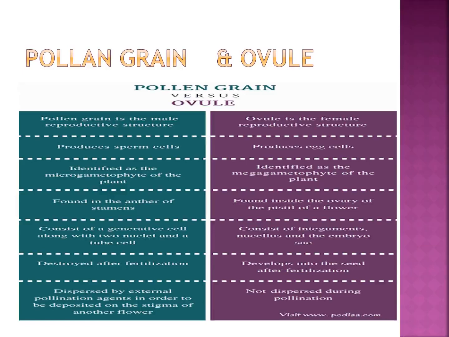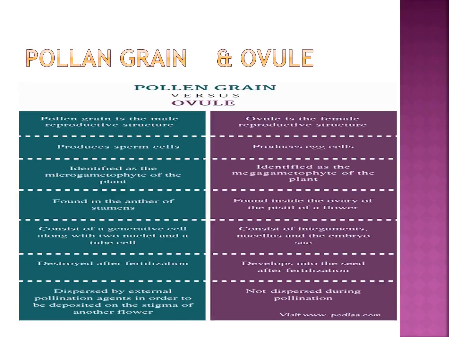The pollen grain is destroyed after fertilization and the ovule develops into the seed after fertilization. The pollen grain needs external pollination agents in order to be deposited on the stigma of another flower, while the ovule is not dispersed during pollination. Next one.